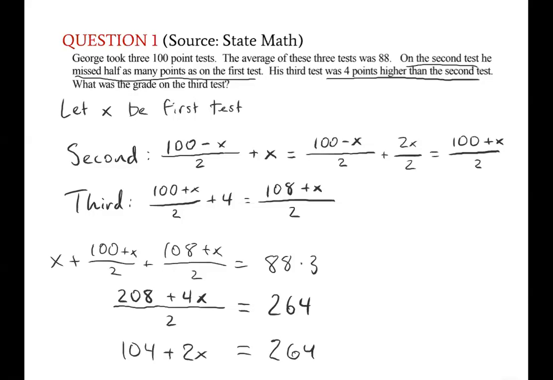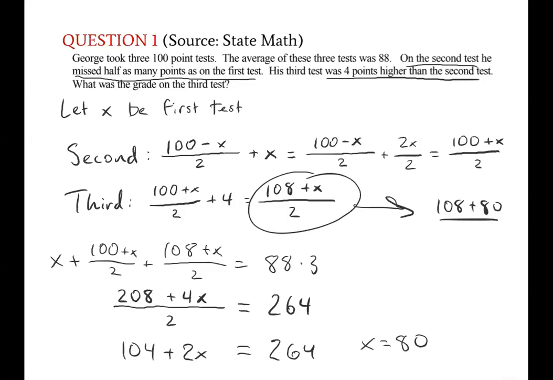So if we subtract each side by 104 and then divide by 2, we'll find that x is equal to 80. The problem's asking for his grade on the third test, so we plug x back into this equation, and we'll find that (108 plus 80) divided by 2 is 94. And that is your answer.